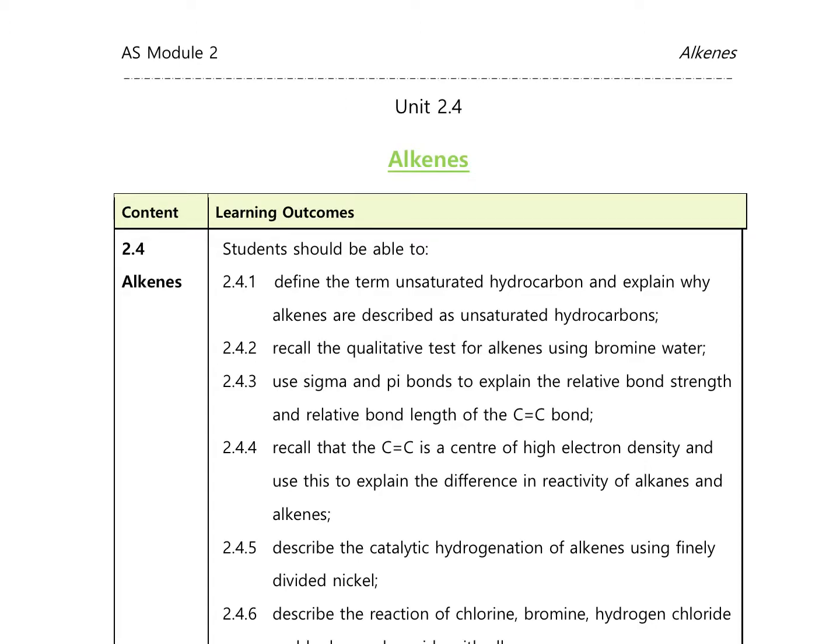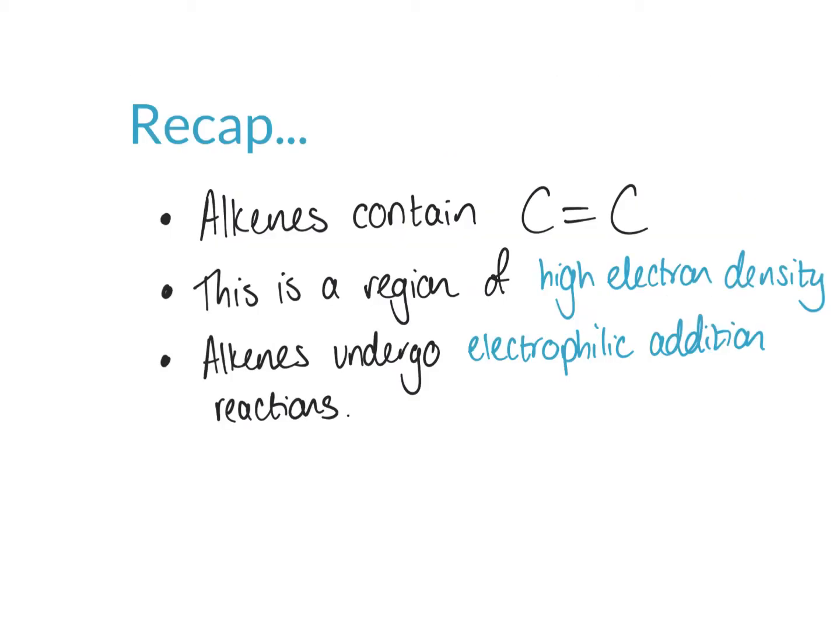So in this video, we're going to continue on looking at the reaction of alkenes with a particular focus on the electrophilic addition reactions of alkenes. So just a quick recap from our last video, we saw that alkenes contain carbon-carbon double bonds, and that means they contain this region of high electron density around that carbon-carbon double bond, because you've got two pairs of electrons there.